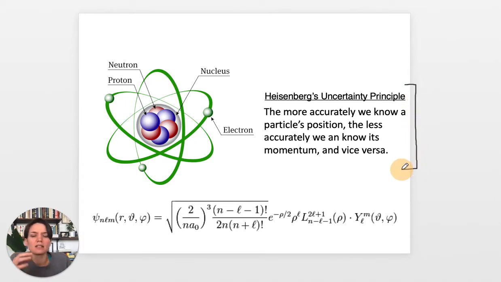That's saying that the more we focus on an electron's position in space, the less we can accurately know its momentum. I like to think of that as the more we focus on an electron as a particle orbiting a nucleus, the less we understand its wave-like behavior.